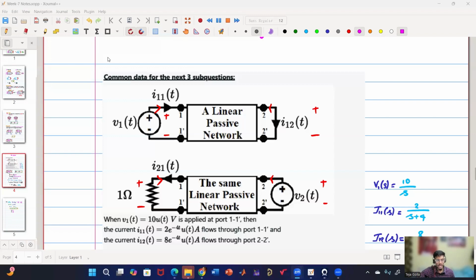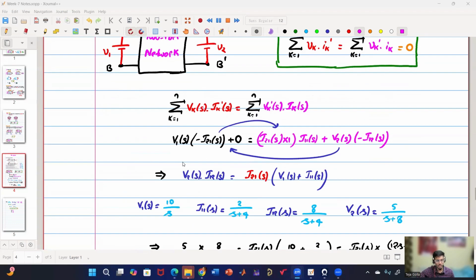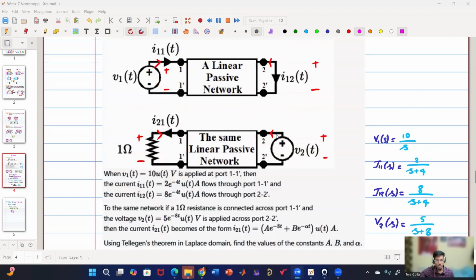So on the LHS side, we have one term, which is the voltage of the first network multiplied by the current of the second network, V1 of S into minus I21 of S. Is this expression clear? Yes, sir. And 0 also clear, right? In that second network, there is no voltage source. That's why we have put 0, right, sir? Because it is shorted, the voltage is 0.